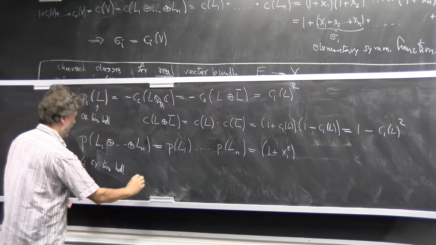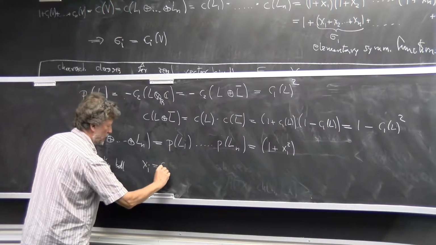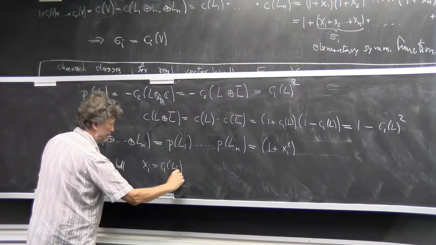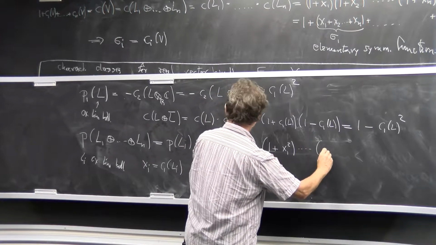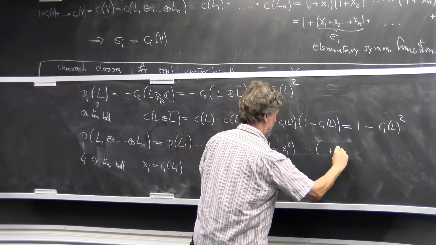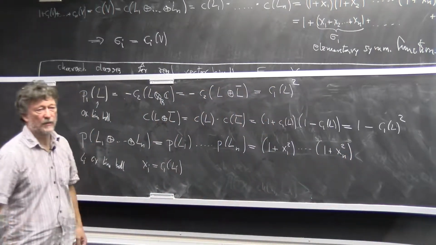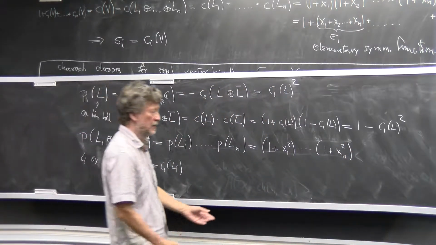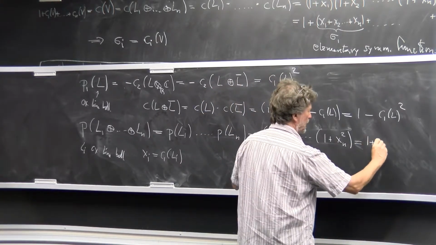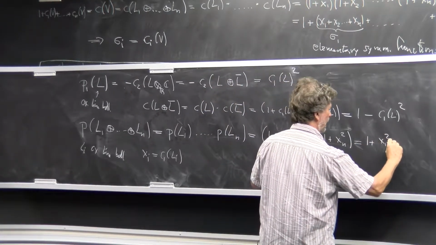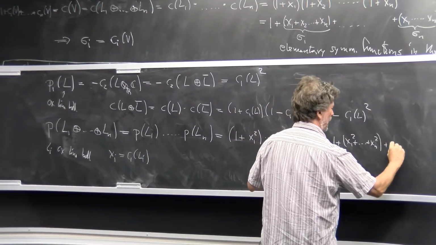So as before, let me write xi for the first Chern class of the line bundle Li, and so forth, 1 plus xn squared. So you can multiply those out again. What do you get? Well, you get 1 plus x1 squared plus and so on up to xn squared, plus and so forth.